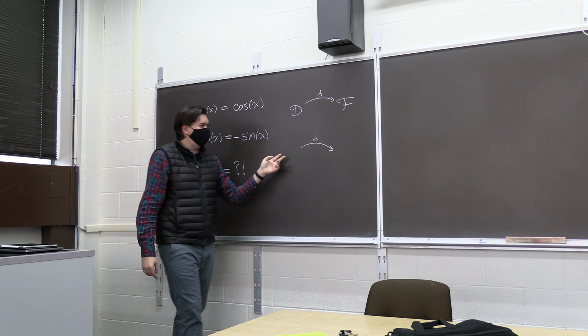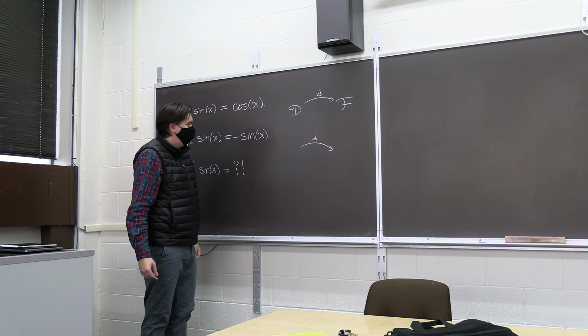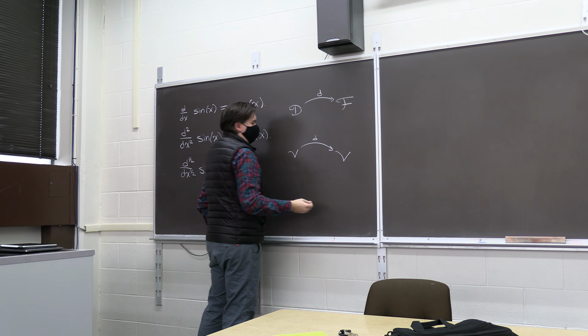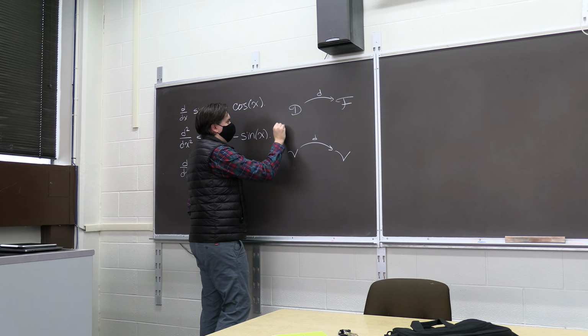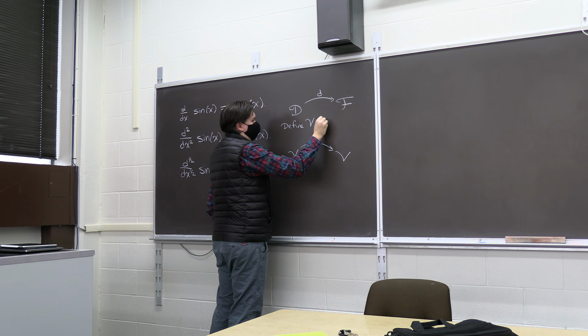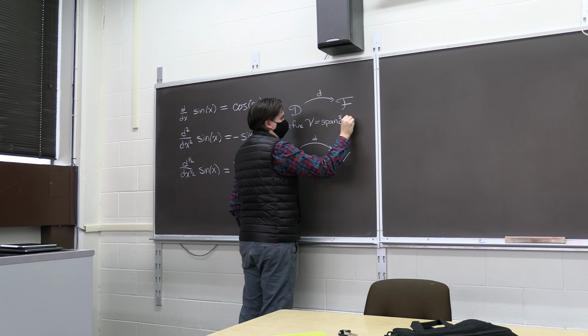So that we can meaningfully talk about the derivative. So one such vector space, I'll just call it V. We could define V to just be the span of sine and cosine.